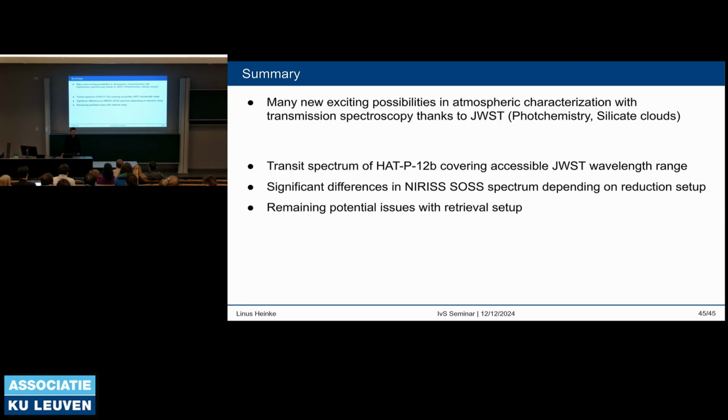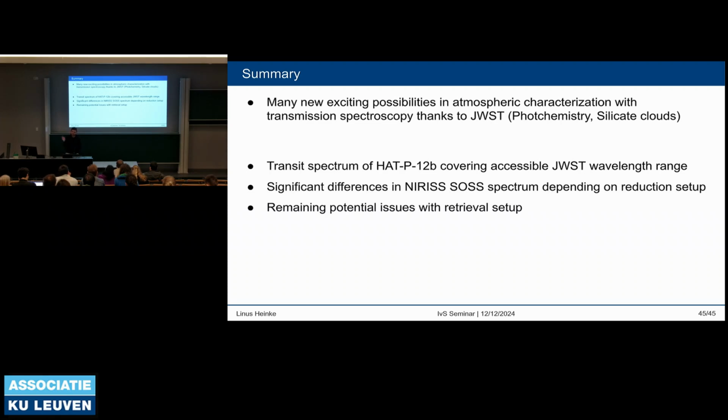I have never really looked at MRS data, so I also don't know what kind of features you would see there necessarily. But what I think is there are a lot of hydrocarbons. But I'm not sure if there would be strong absorbers in a transmission spectrum. What I do know is that when people try to go for MRS data for these kinds of planets, usually the signal to noise isn't that great.